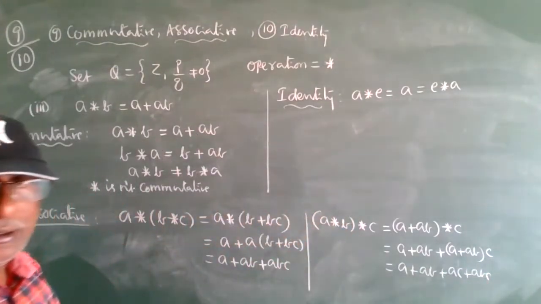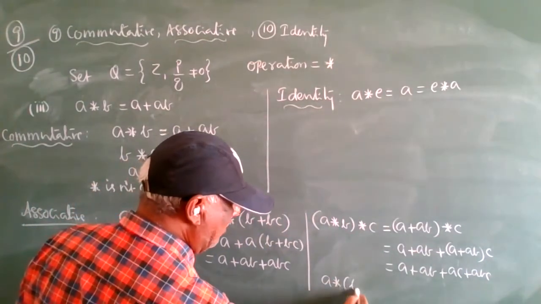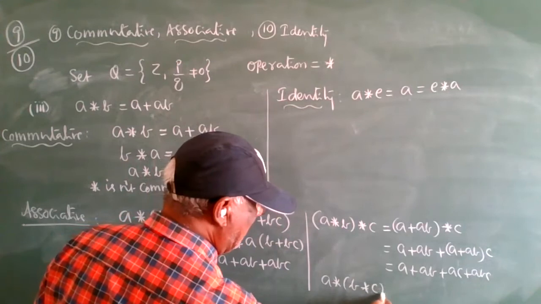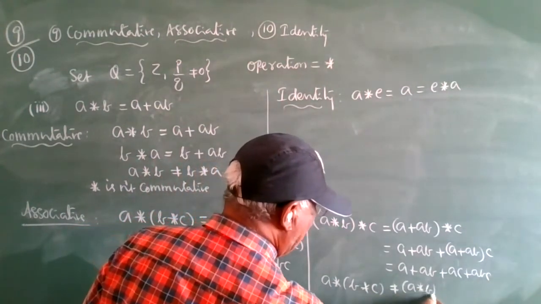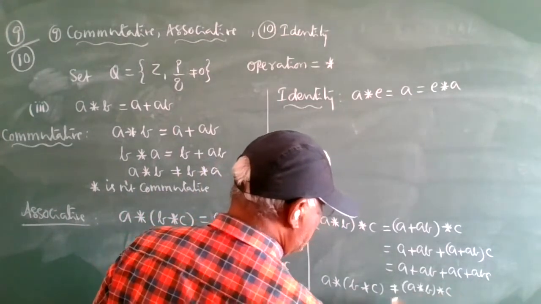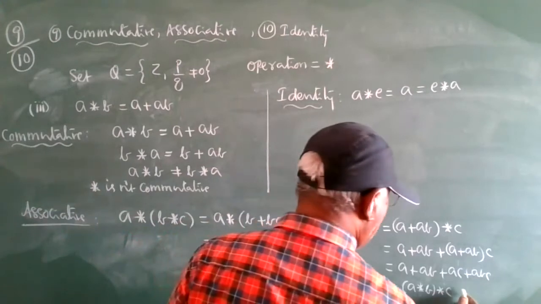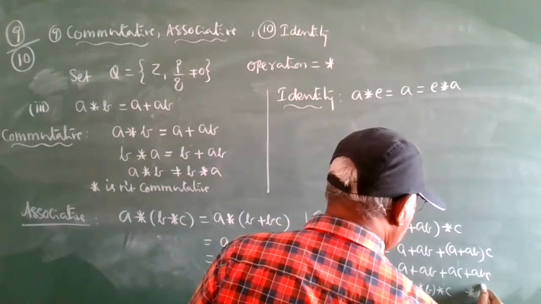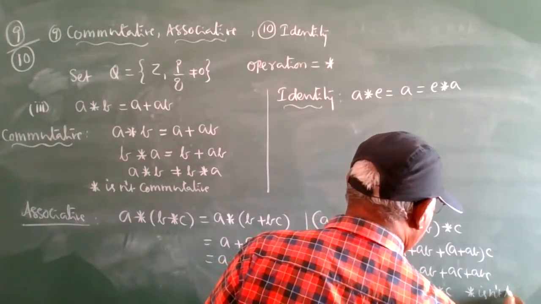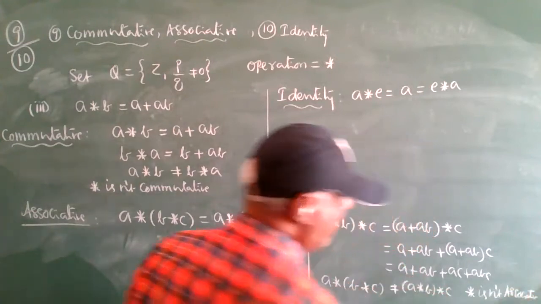Therefore, different. A star (B star C) is not equal to (A star B) star C. Star is not associative.